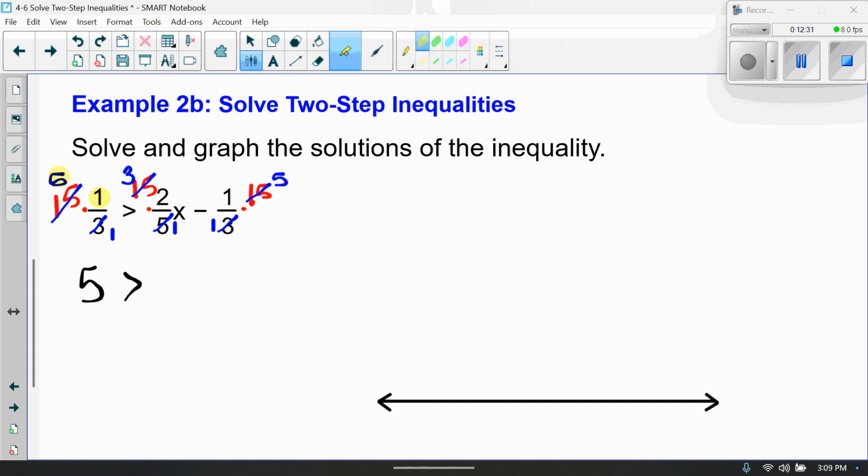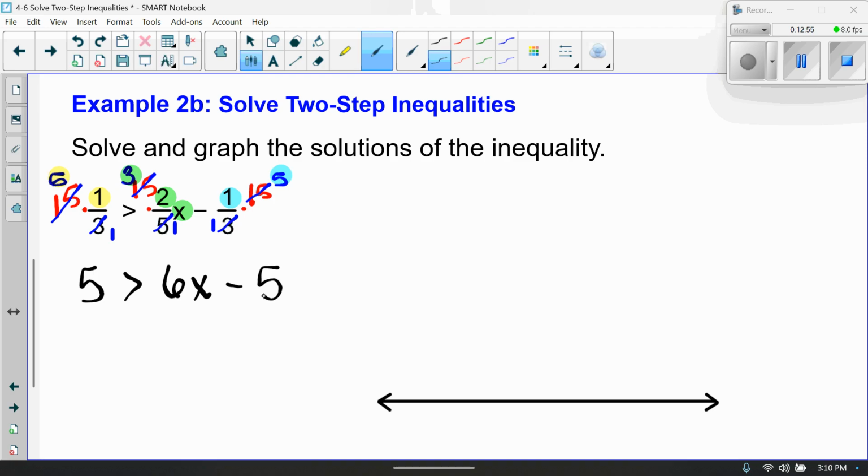Is greater than, and then here, we're multiplying 3 times 2 times x, which is 6x. Don't forget the x. Minus, and over here, we're multiplying 1 times 5, which of course is 5. No, minus because it's a negative 1 times a positive 5. You see?